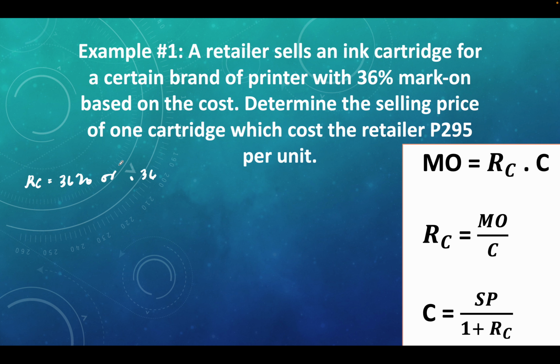So rate based on cost is equal to 36% or 0.36. The reason why we put it into decimal is because we can't have an operation with a percentage sign, so you need to make it a decimal first. Gagawin muna nating decimal para makapag-proceed tayo sa operation.